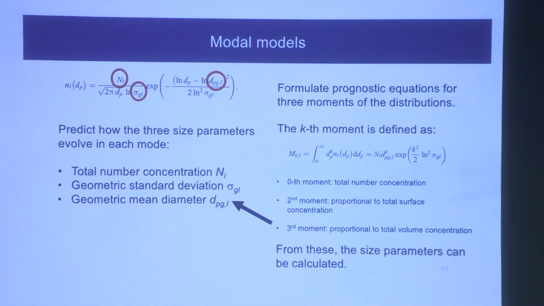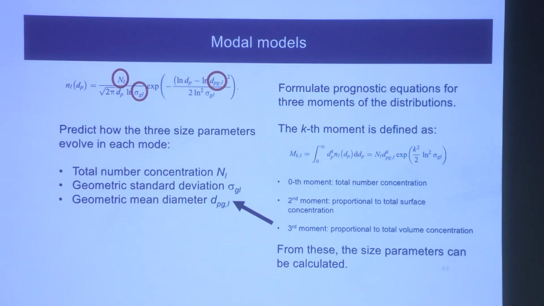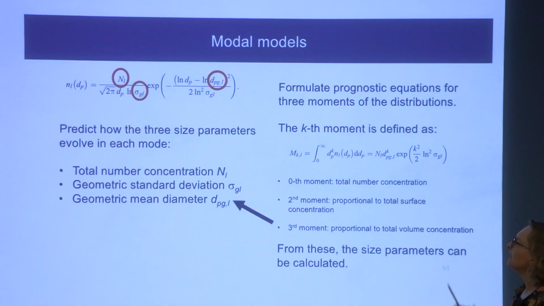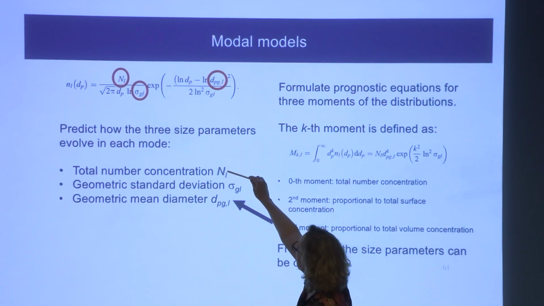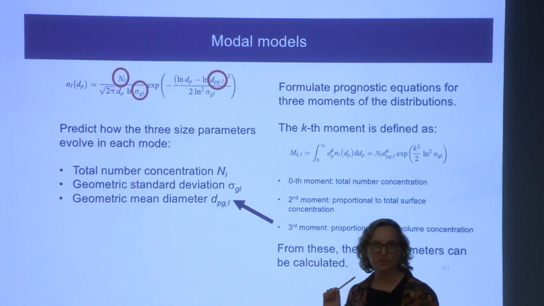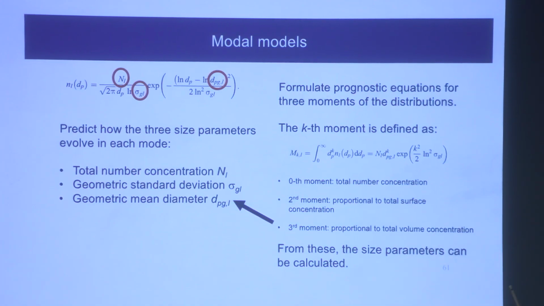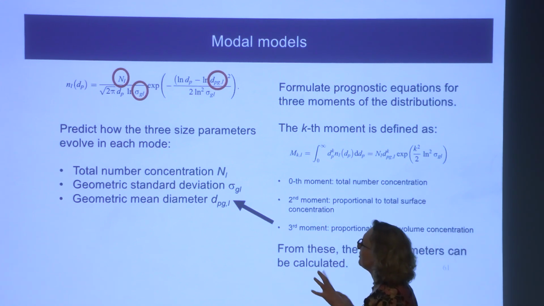So maybe, knowing this, you would say, okay, let's formulate an equation for N, for sigma, and for dpg, right? But especially for sigma and dpg, that's not so easy.